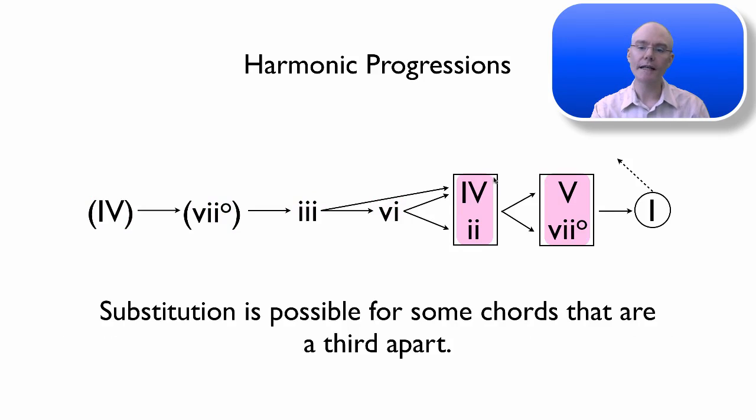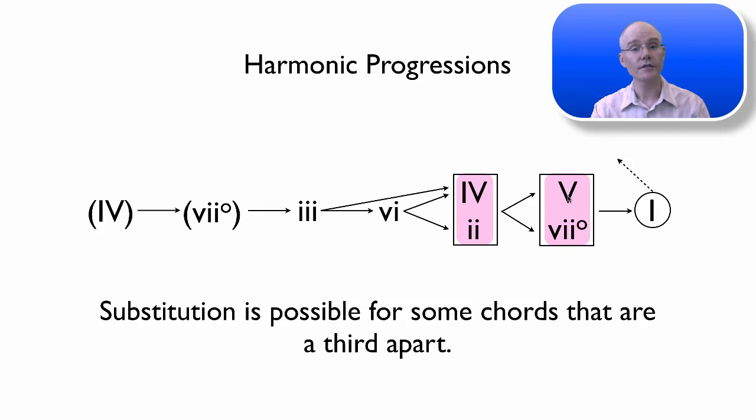We also see in these two very clearly that substitution is possible. So why are these two chords together in a box and as well here? Well, it's because these chords can actually substitute for each other. You can think of the 2 chord as a substitute for the 4 chord. You can also see the 7 diminished chord as a substitute for the 5 chord. Some of you may be familiar with the terminology of tonic, which is the 1 chord, subdominant, which is the 4 chord, and dominant, which is the 5 chord.